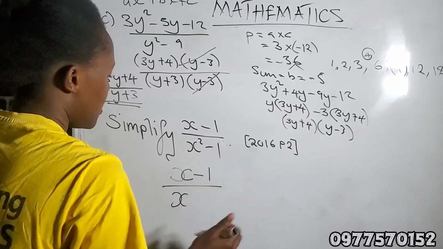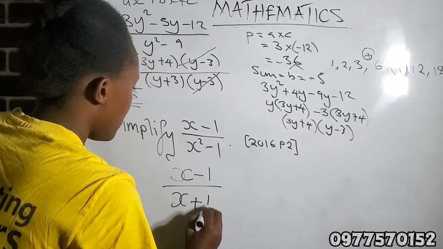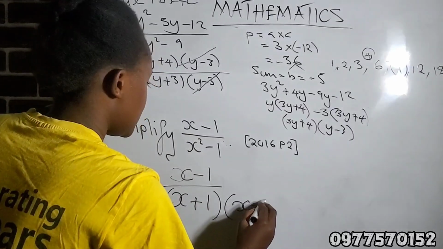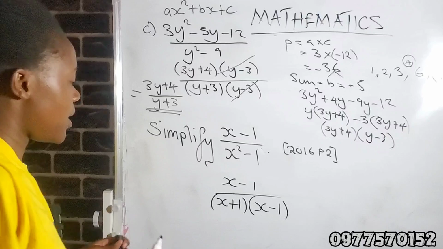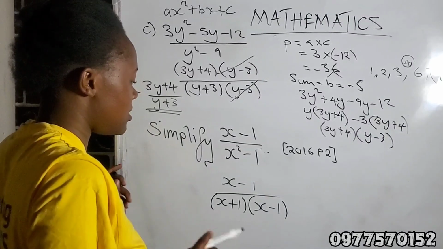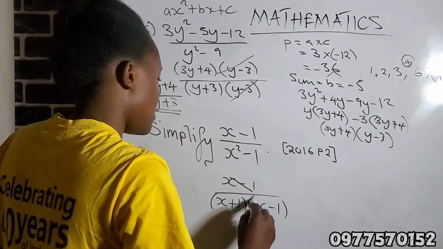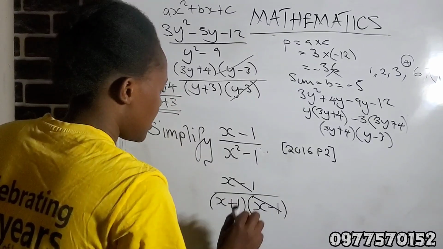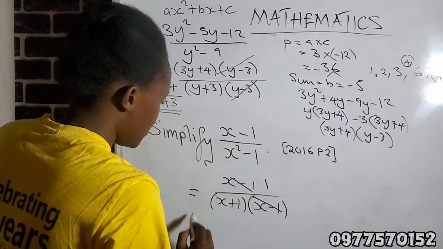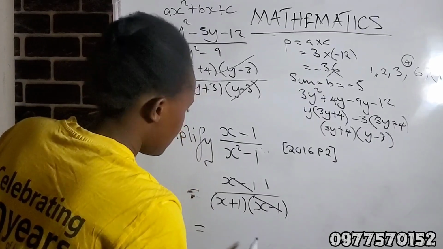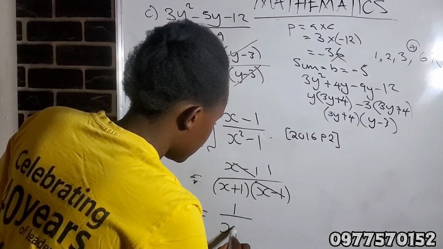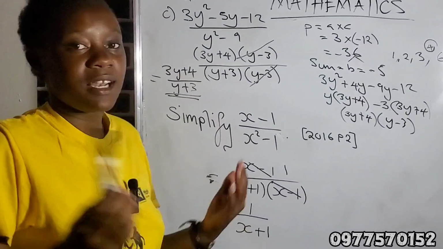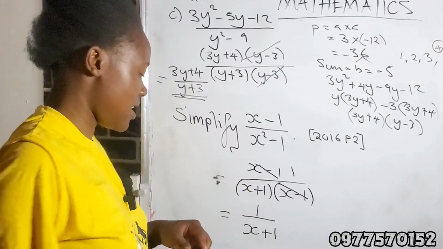So x plus 1, open bracket x minus 1. We have what is common on the numerator and the denominator, so we cancel out. Then our answer here will remain with 1. Our answer will be 1 over x plus 1.